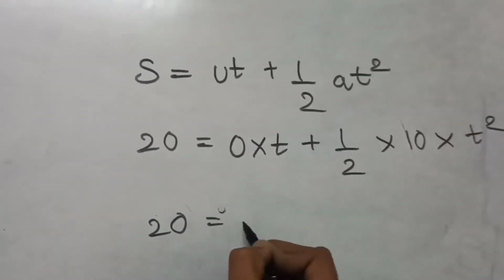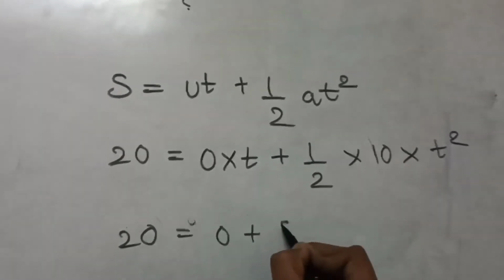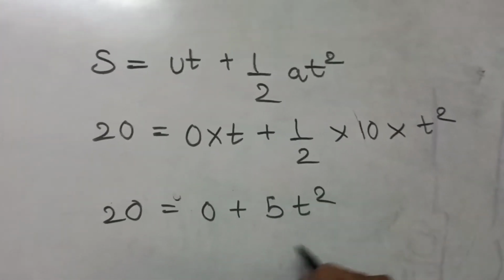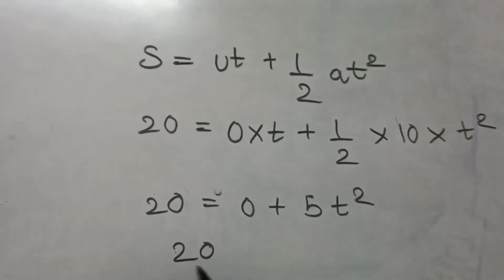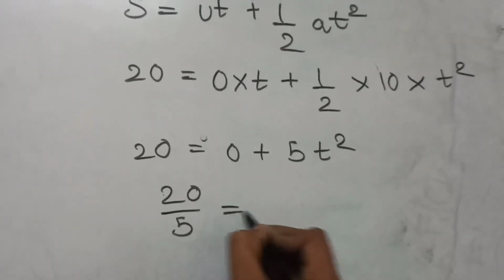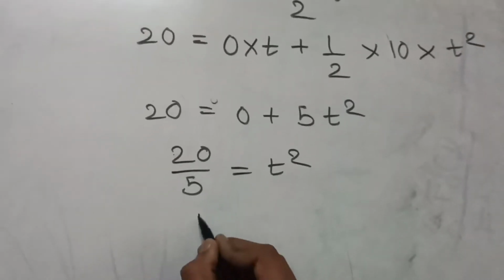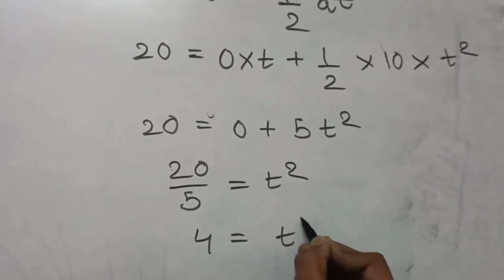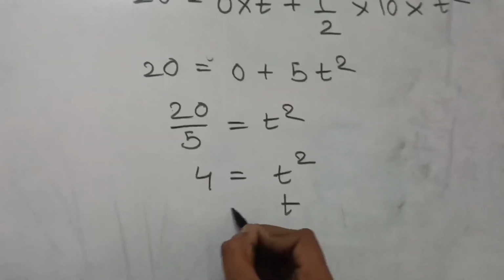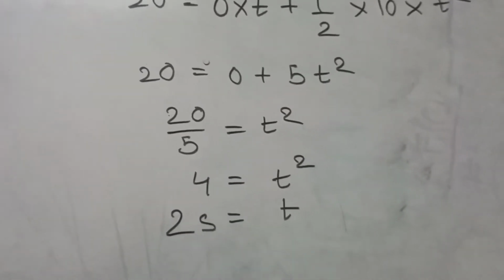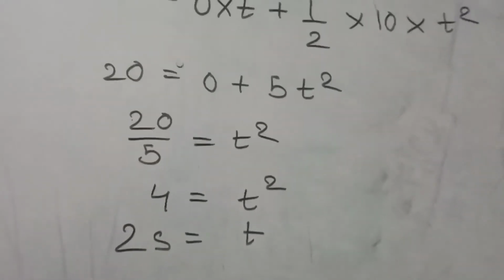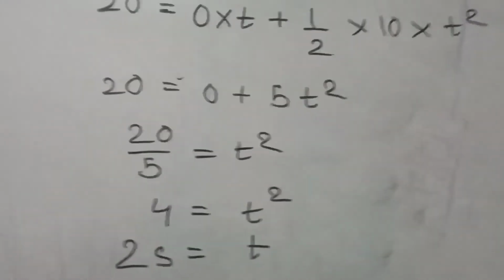So 20 is equal to 0 plus 5 t square. So 20 by 5 is equal to t square. 4 is equal to t square. So t, the time, will be equal to 2 seconds. So 2 seconds is the time which will be taken to hit the ground.